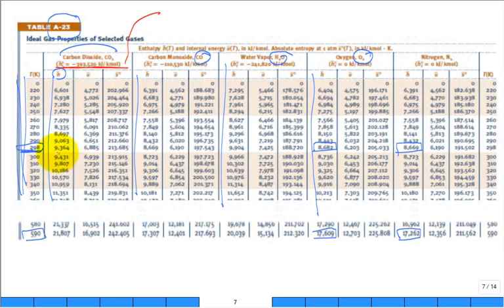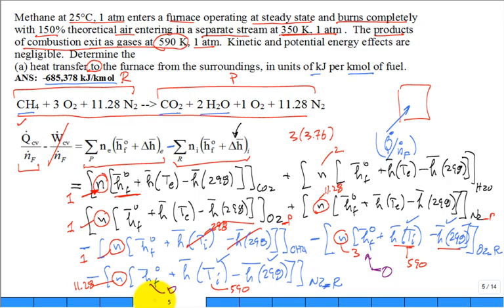You get the enthalpy at 298. And then what temperature did it go out at? I forgot. Oh, 590. Oh, it was 350 coming in for these guys, not 590. This is 350, isn't it? This is 350 coming in. So I botched that too.